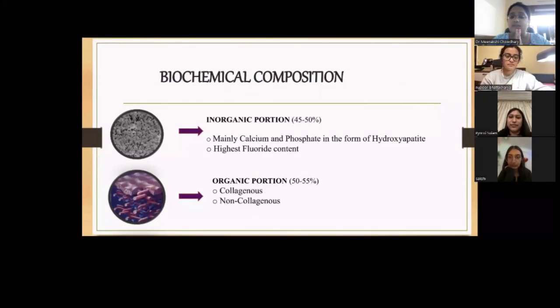Coming on to the biochemical composition. The inorganic portion of cementum comprises about 48 to 50%, which is mainly calcium phosphate in the form of hydroxyapatite crystals embedded with molecules of fluoride. The organic portion is comprised of collagens and non-collagenous substances, about 56%.